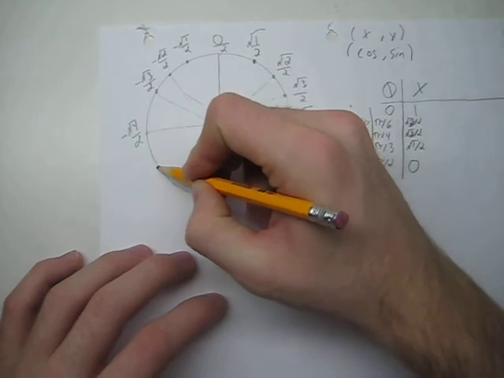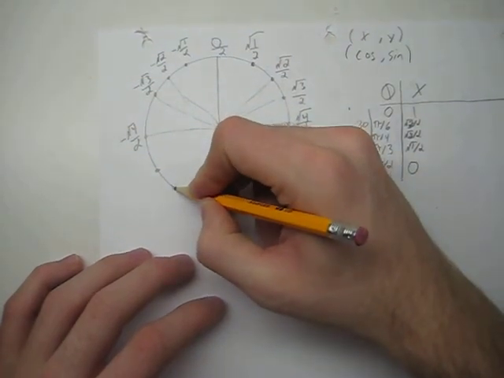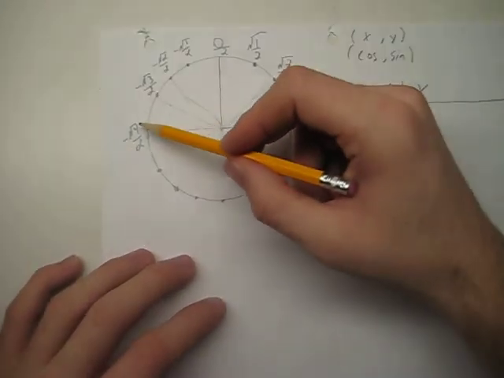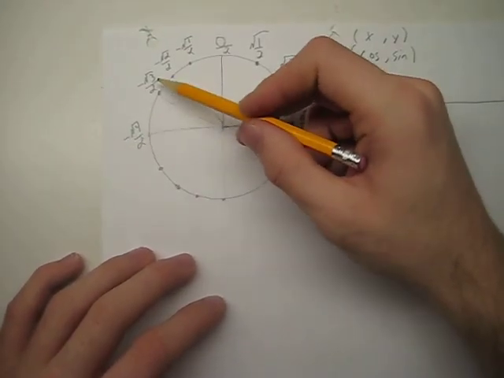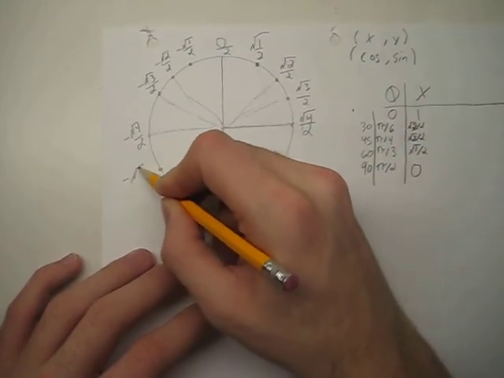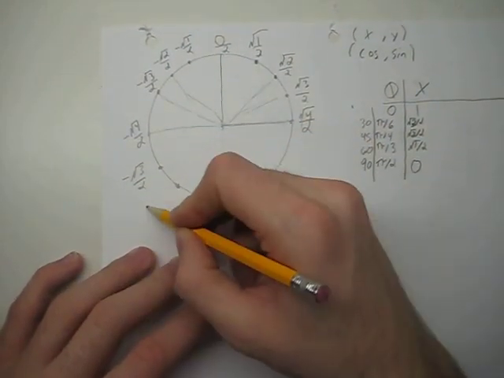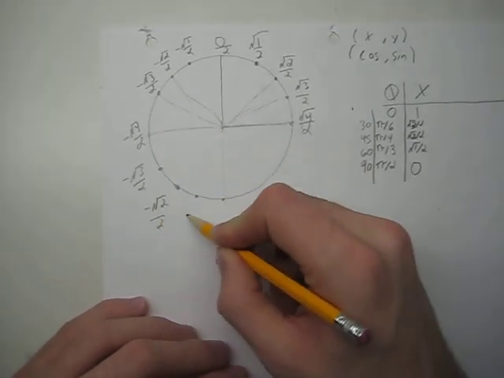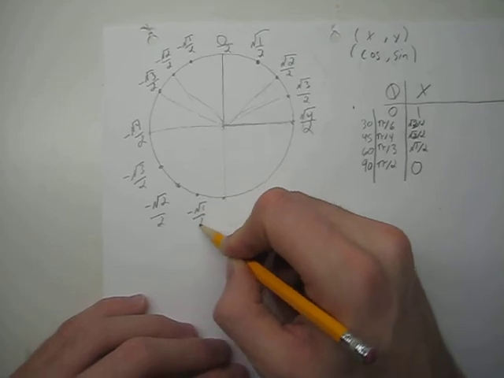Okay? Now, as you can guess, it follows the exact same pattern down here. Except the difference is this value right here is going to have the exact same value as that. So this would be negative square root of 3 divided by 2. Negative square root of 2 divided by 2. Negative square root of 1 divided by 2.